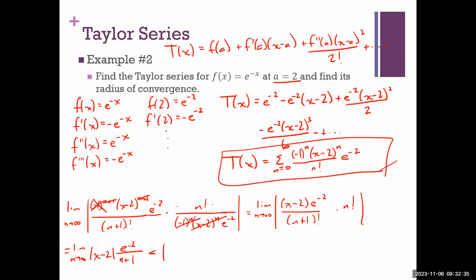Oh, you're right. Thank you. All right, so what is this limit? What happens with this limit? Goes to 0. So what's my radius of convergence again? All real numbers.